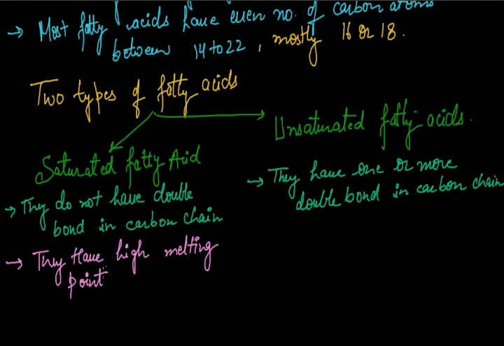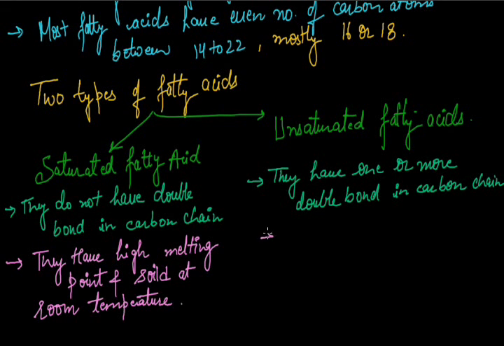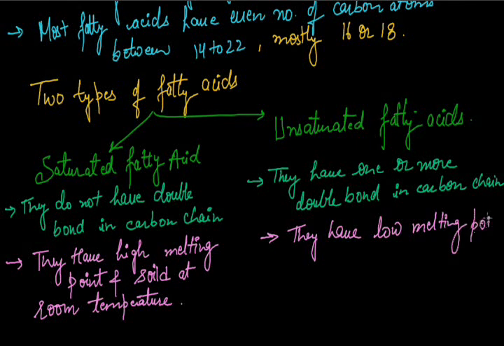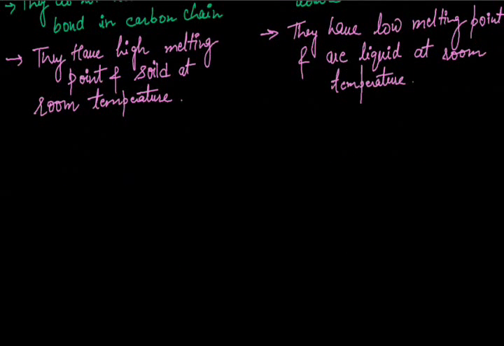They need high temperature for breaking the bond and they are solid at room temperature. Next, in case of unsaturated fatty acid, they have low melting point and are liquid at room temperature.